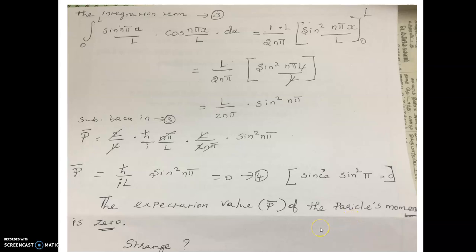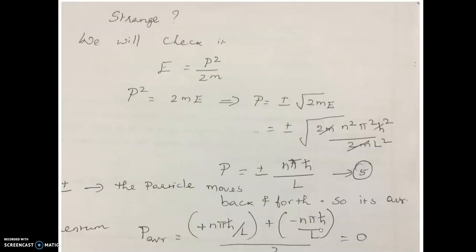This looks strange to us, is it not? We will check it by another expression. You know, the energy of the particle is given by p squared by 2m, and p squared is equal to 2mE, and p is equal to plus or minus root of 2mE.